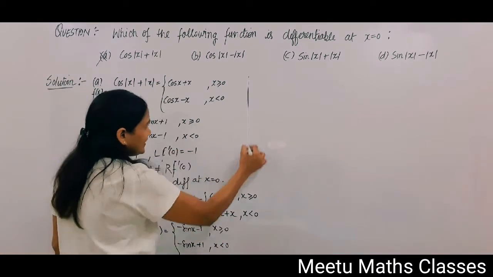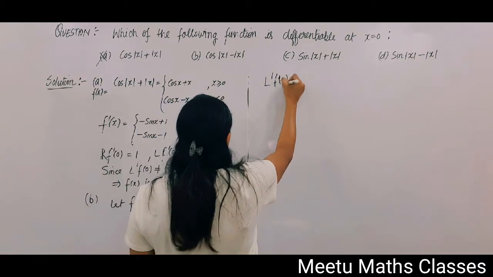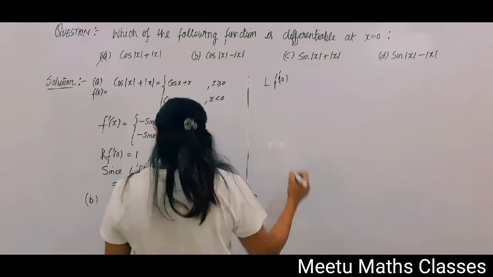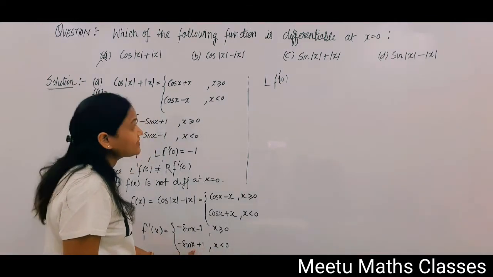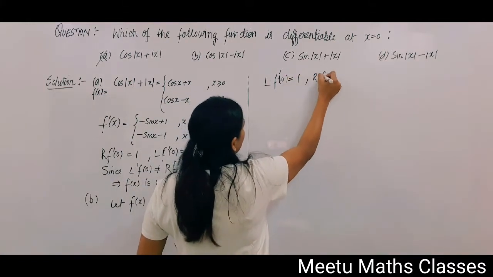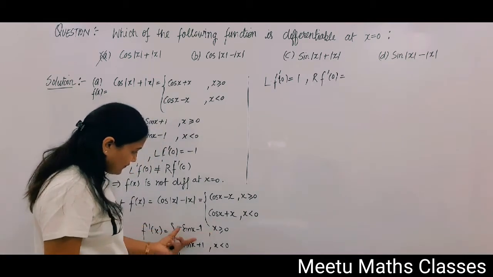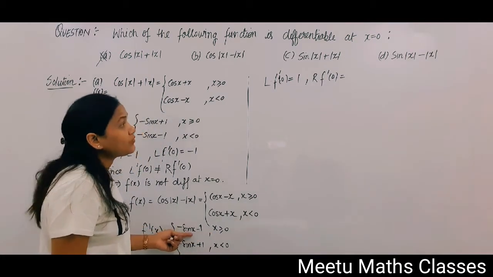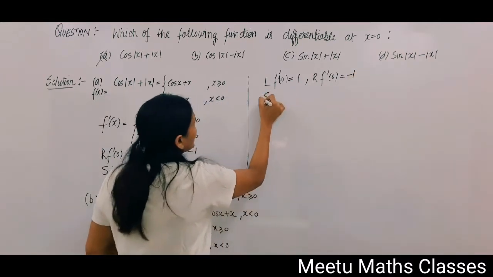So the left hand derivative in this case will come from this function, and sin 0 is 0, this will become 1, and right hand derivative will be from this function. If you substitute x equals 0, it will be equal to minus 1.